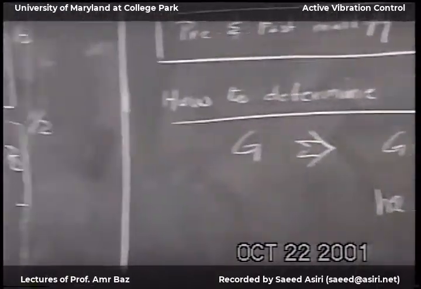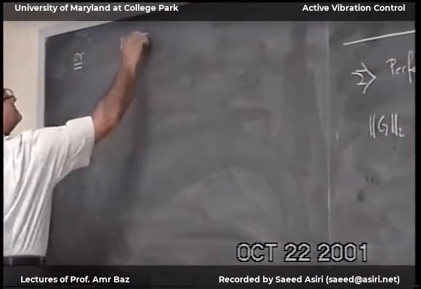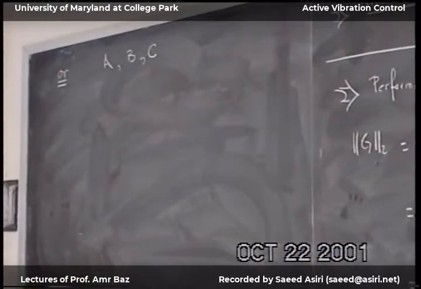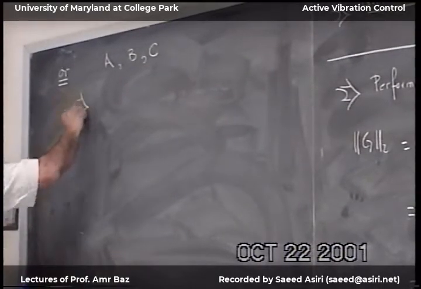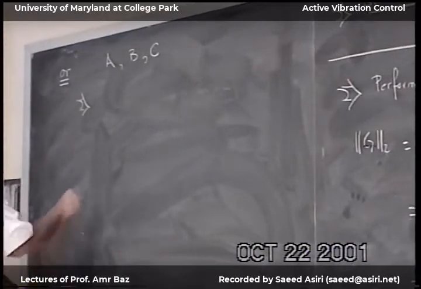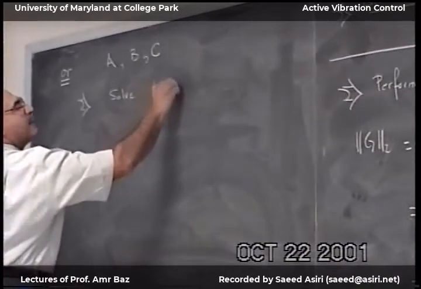Or we have the A, B, C, and I'll leave the D for a minute. Then we go and solve the Lyapunov equation.